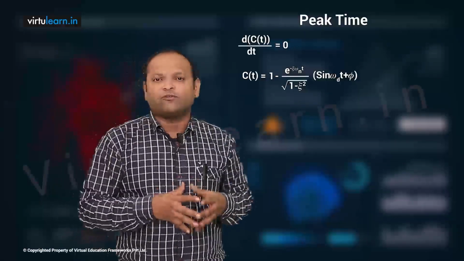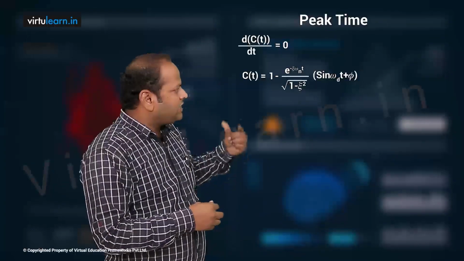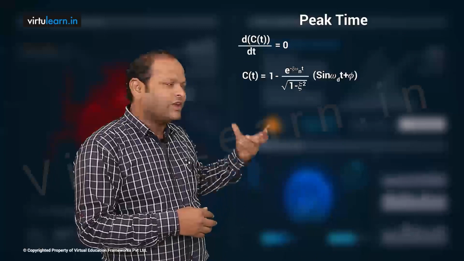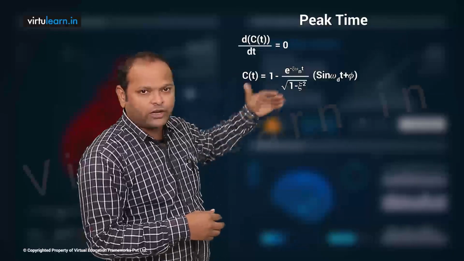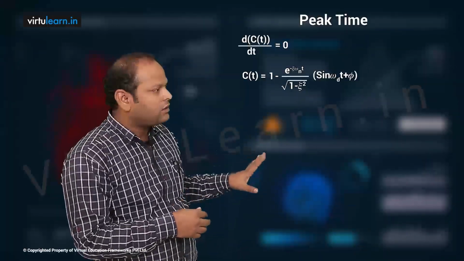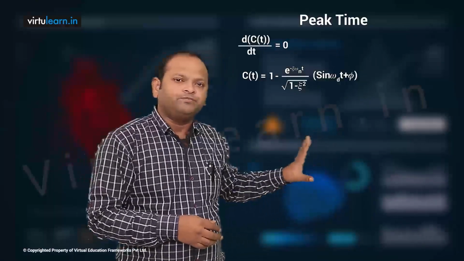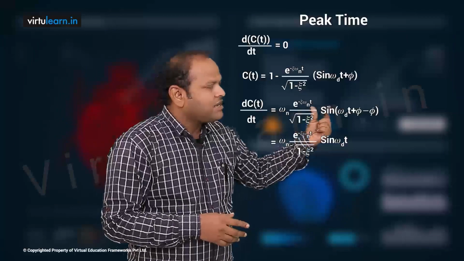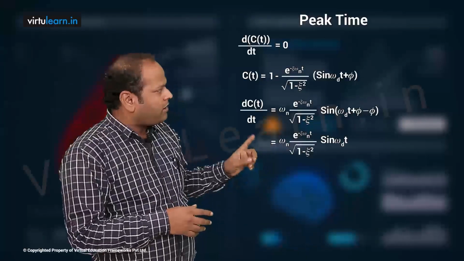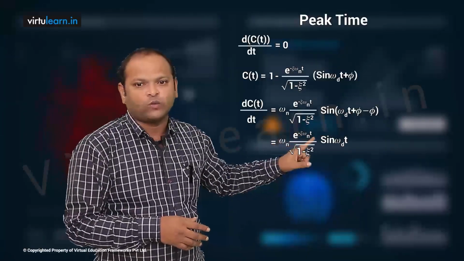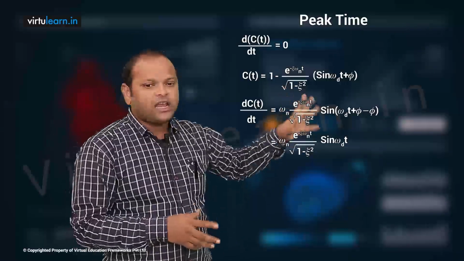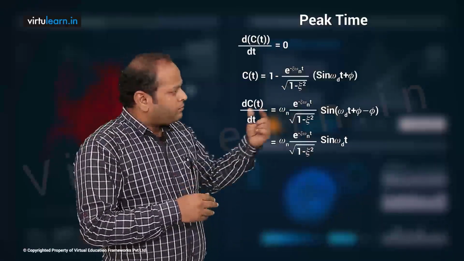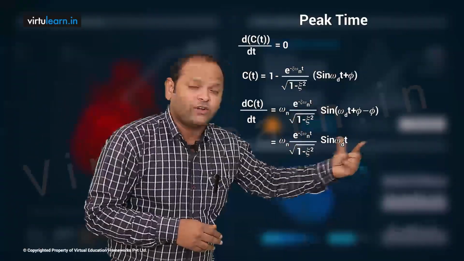Now first we will take the first derivative of it, so dc of t by dt. We can easily find the first derivative, whose result I am giving here. We have omega n e power minus zeta omega n t divided by under root 1 minus zeta square, and sine omega d t plus phi minus phi.